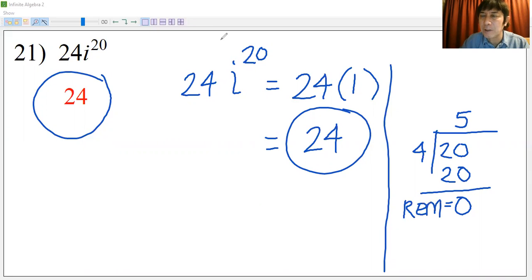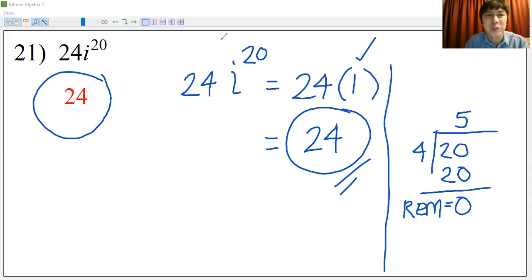If the remainder is 0, it falls to the fourth. We know that the fourth gives us a positive 1. So that means i to the 20 is positive 1. So we have 24 times 1 gives us 24. So the simplified equivalent of 24i to the 20 is just 24. And that's the answer. That will be for 21.